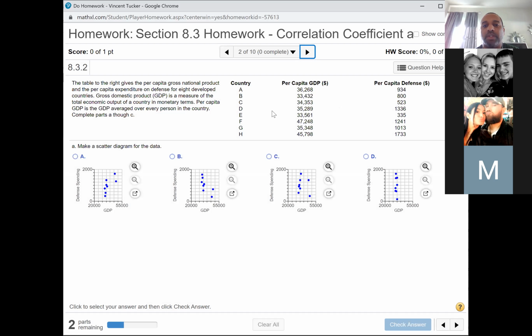Here you will look at graphing, and the GDP is on the bottom. That's your explanatory variable. And per capita defense is on the left, the vertical axis, so that would be your response variable. They're wanting to see if you understand the concept, really.